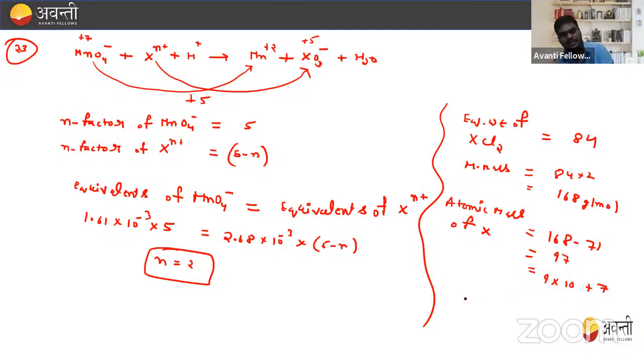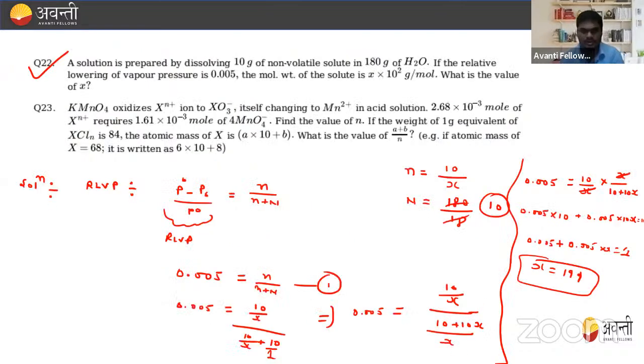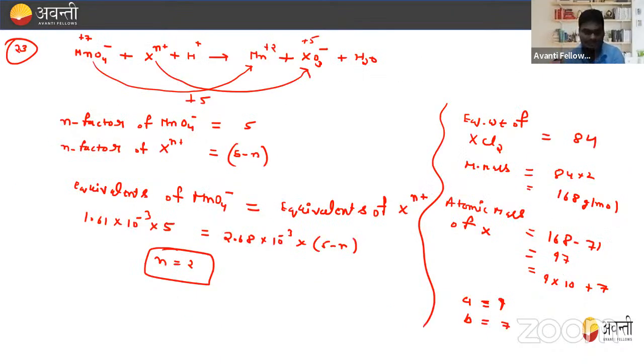So we can say that A is 9 and B is 7, that is, A into 10 plus B.